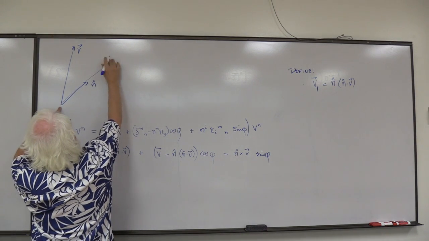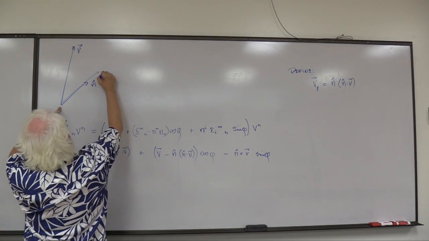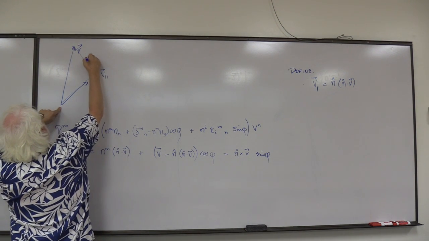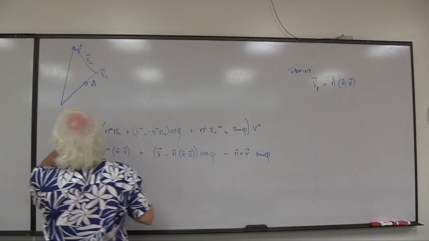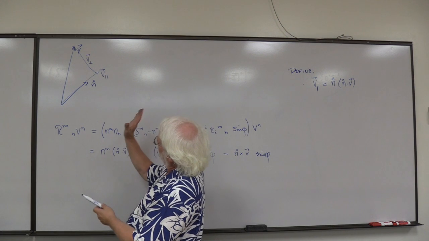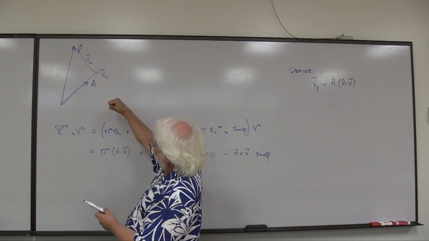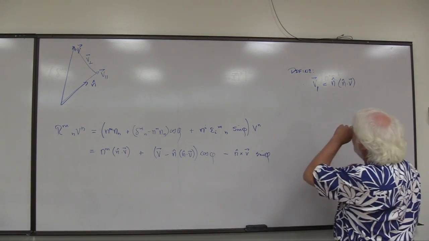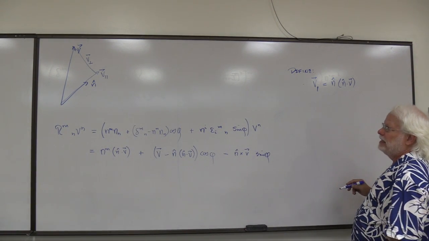I'm going to write v as this, which is v parallel, and that one is v perpendicular. Then there's another vector, n cross v perpendicular, that points out of the board. So we'll have a nice orthogonal basis.